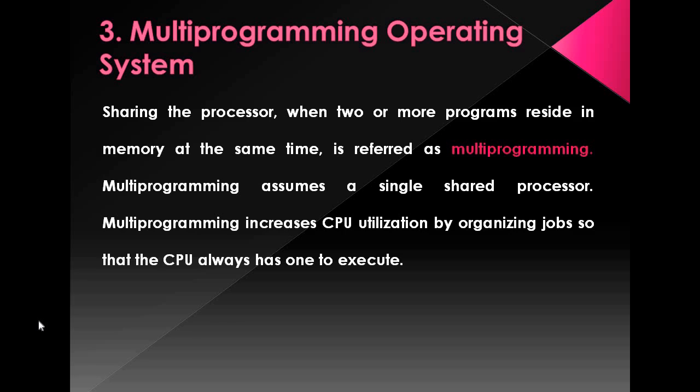Multi-programming assumes a single shared processor. Multi-programming increases CPU utilization by organizing jobs so that the CPU always has one to execute. The main goal of multi-programming is to increase the CPU utilization. For more information on multi-programming, you can go through this video.